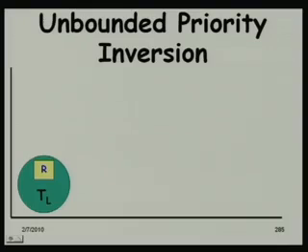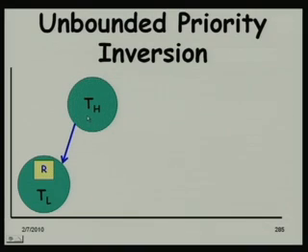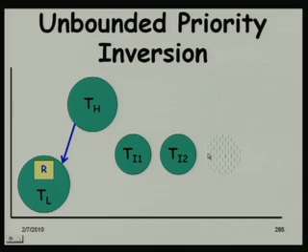Since this is an important point, and later somebody would ask you what is unbounded priority inversion, just as a final example, let us see this situation: a low priority task has acquired a resource, a high priority task is waiting, and intermediate priority tasks, one after another, keep arising and requesting CPU use, and meanwhile the low priority task is not able to complete, and the high priority task is waiting all through.